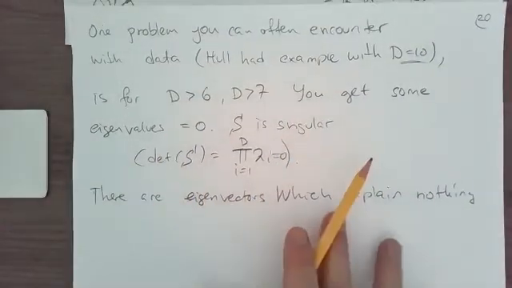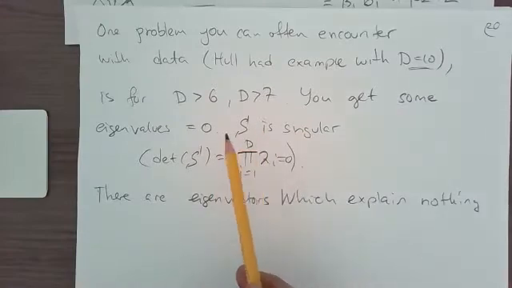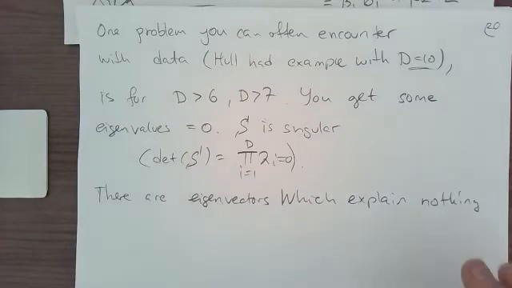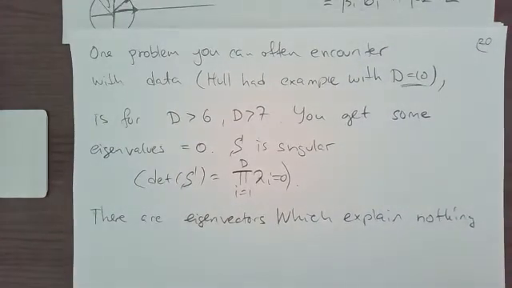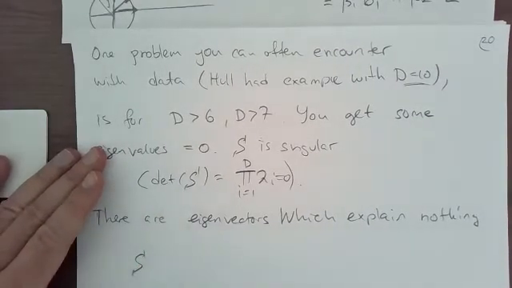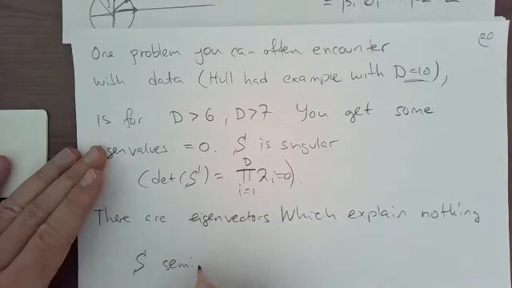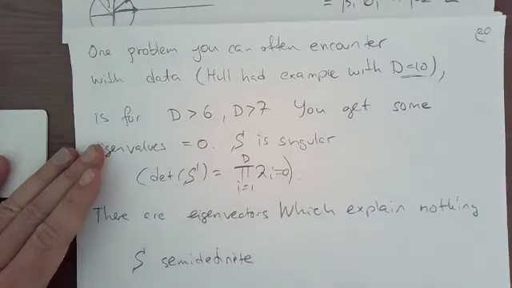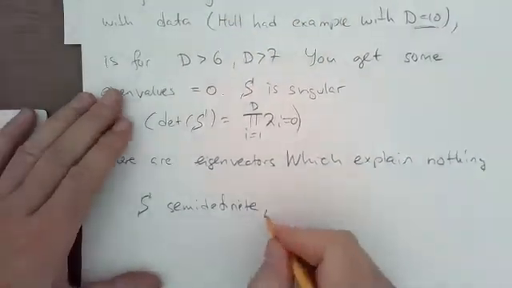What that means is that when you're estimating this matrix, this really is an estimate. This matrix S was given to be positive semi-definite, but it can be singular.